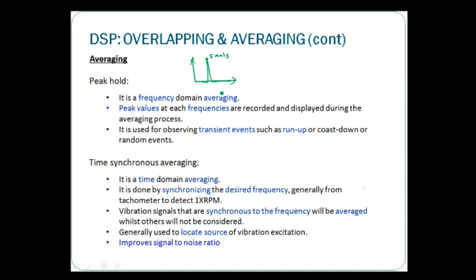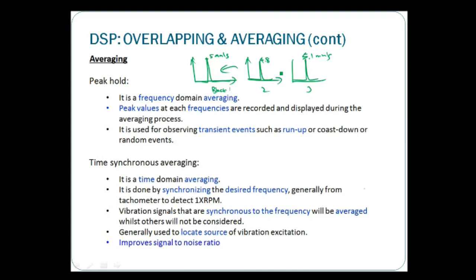then if you are using peak hold, the second one coming in is 4.8, so it will still show you this. That is the peak maximum that you have. The third block is coming in, this is block 1, 2, 3, and you have a slightly higher 5.1 mm per second.